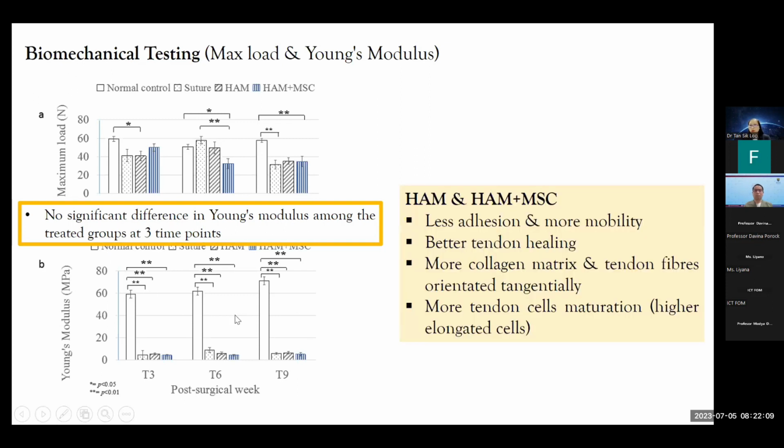So HA and HA with MSC allow less adhesions and more mobility in the repaired tendon, and they also show better tendon healing and more collagen matrix and tendon fibers oriented tangentially, or in parallel orientation to the tendon's long axis, and more tendon cell maturation, or a higher number of elongated cells, was observed in the tendon treated with the HA or MSC-seeded HA.